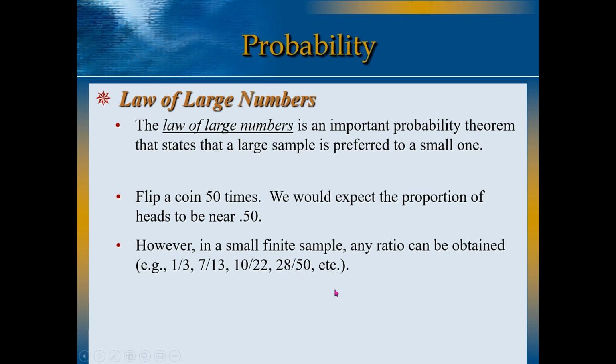But if I toss the coin 3 times, it is possible that I get all heads. So will you conclude that the probability of tail is 0? No, because when I say that the probability of head is 0.5, it generally holds true in large samples.